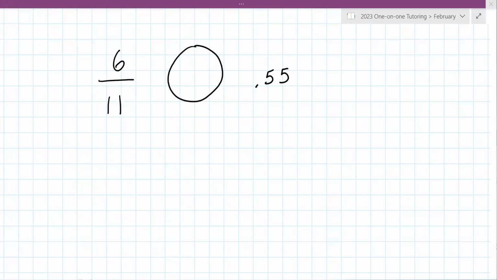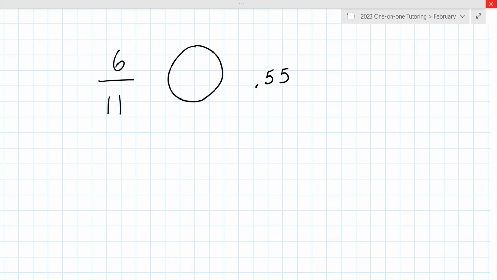Okay. 6/11 is larger. What's your decimal for 6/11? 5 point. I think that's wrong actually, because it wouldn't be a whole number. Yeah, these are really carefully chosen by me to be very difficult.